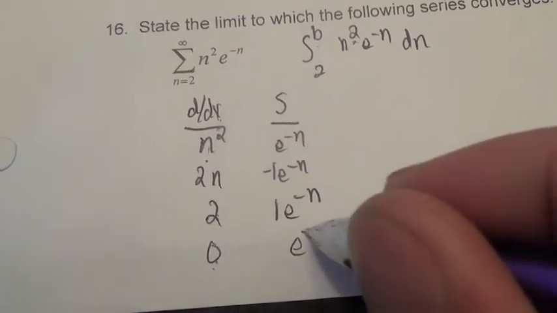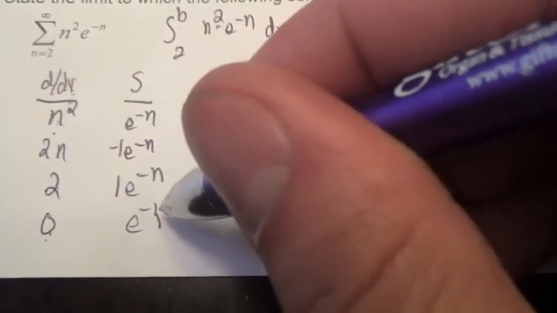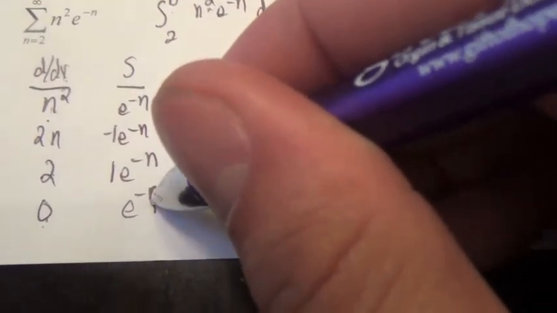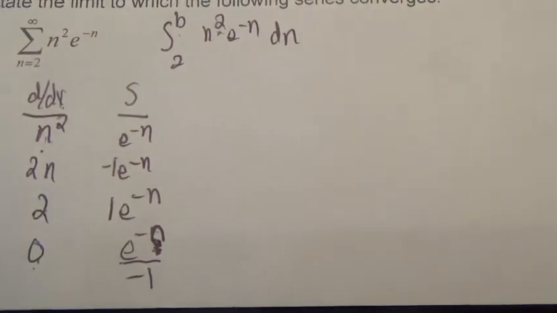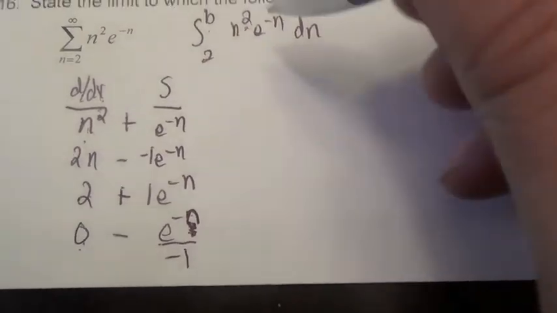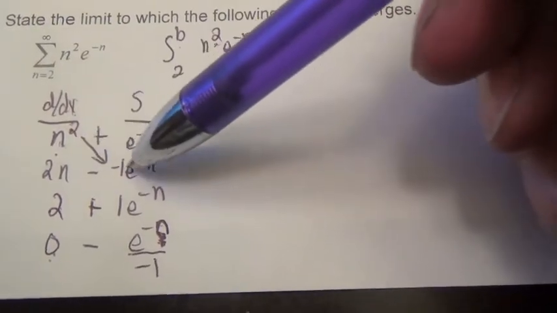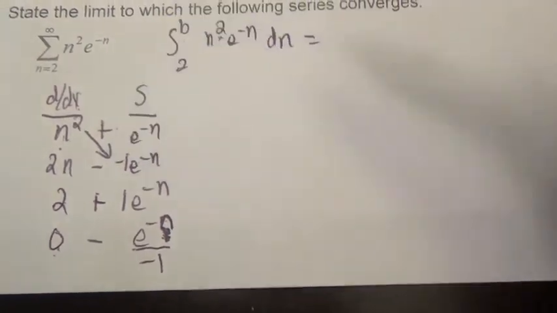And then our last one, e to the negative n divided by a negative 1. Our signs are always positive, negative, positive, negative. So when we go to do the antiderivative of this, our first term should be these two multiplied together. A negative 1 times n squared e to the negative n, you would keep that sign.